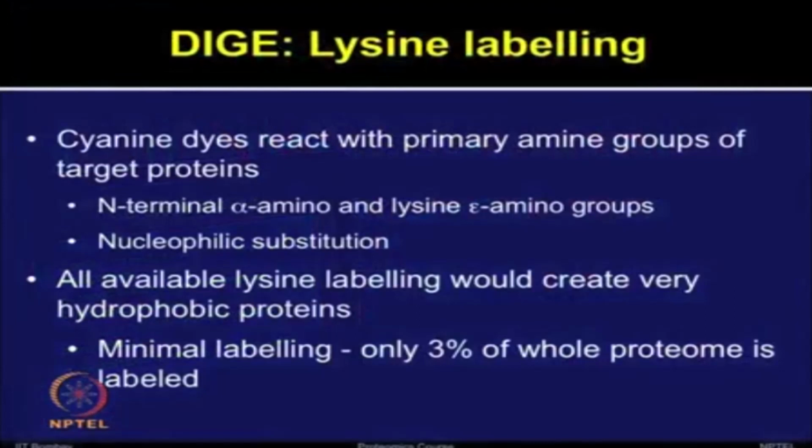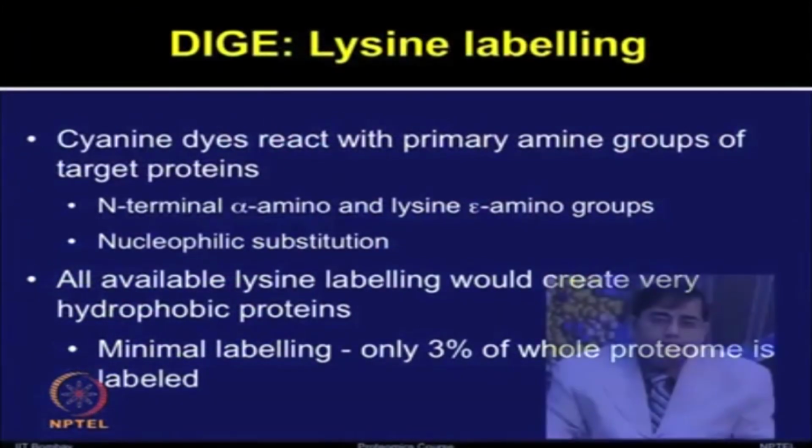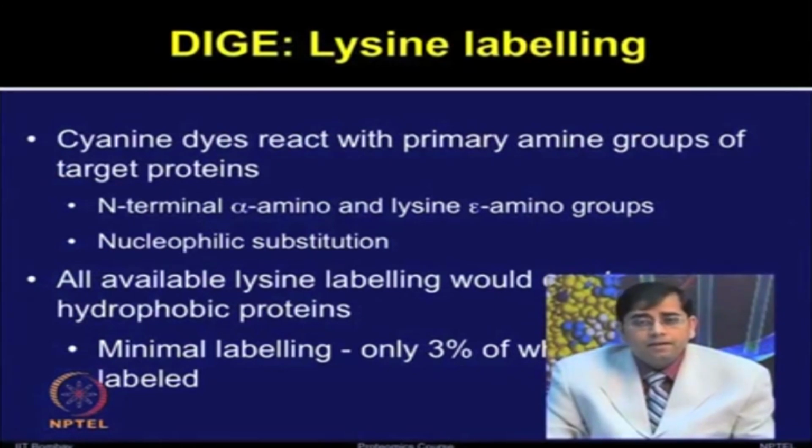So, Psi dyes react with the primary amino group of target proteins, and the N-terminal alpha amino group and the lysine epsilon amino groups are labeled by the process of nucleophilic substitution. So, labeling all the available lysines would create a very hydrophobic environment of the proteins.